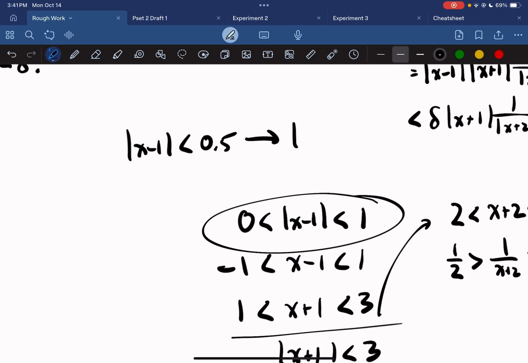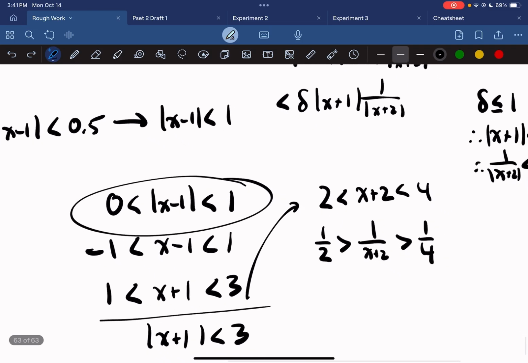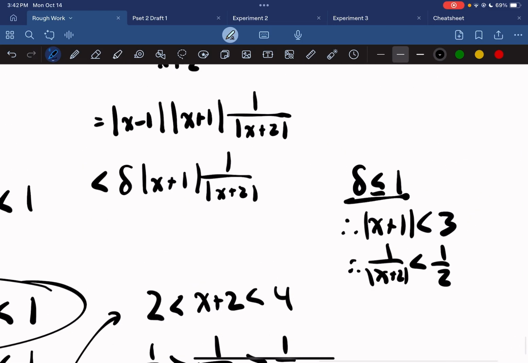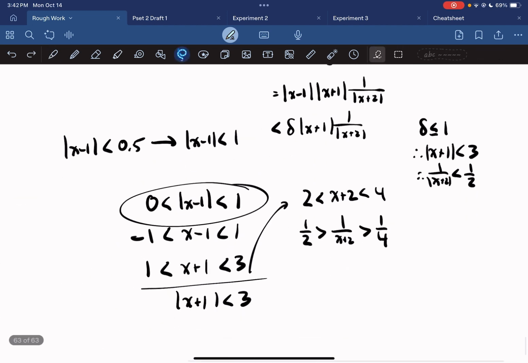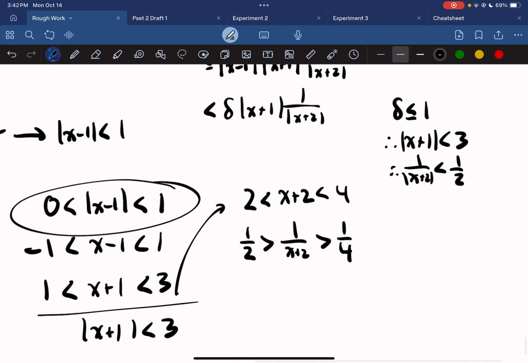This implies that x minus 1 is also less than 1. Would you agree? The first part implies the other. This is very key to understanding why epsilon delta proofs work, and especially why we can just choose a delta. If you do not understand this, try to convince yourself that it works.